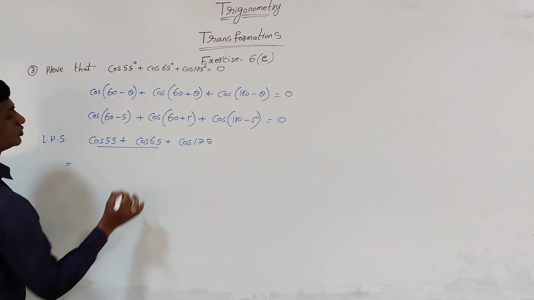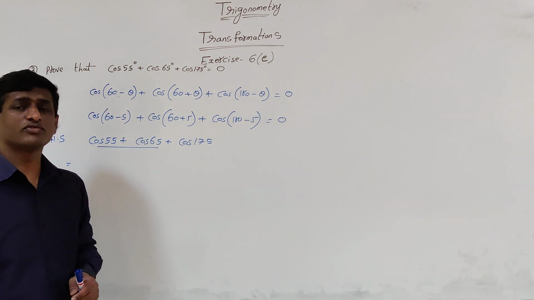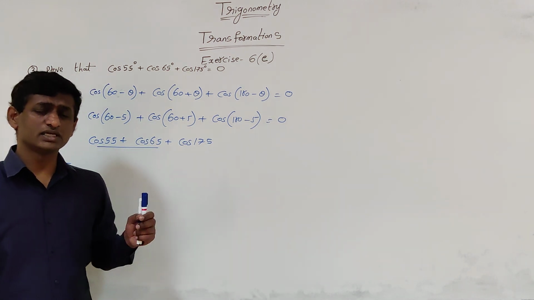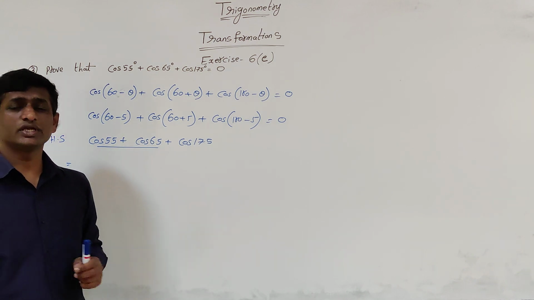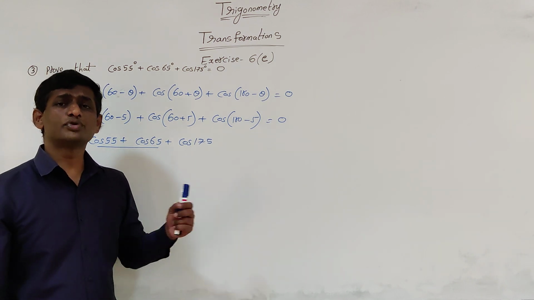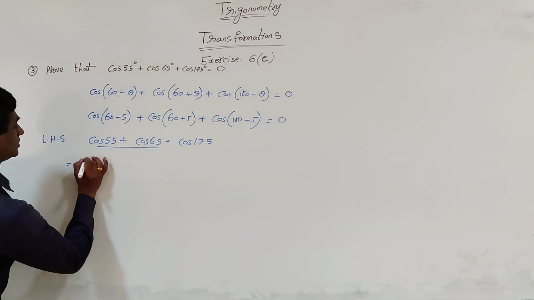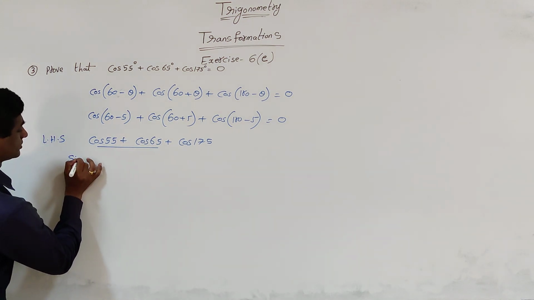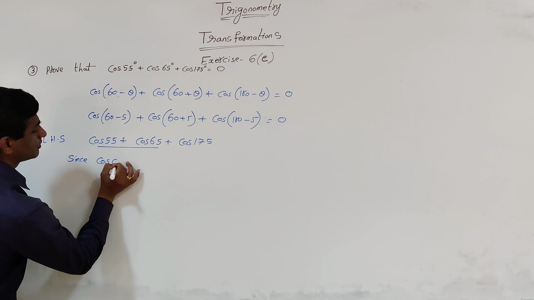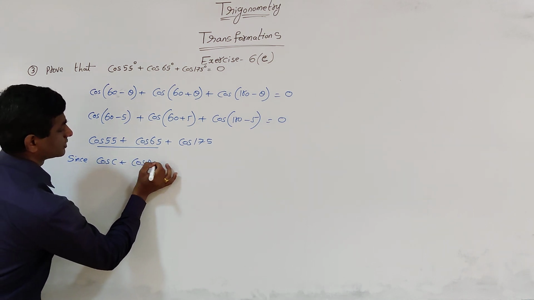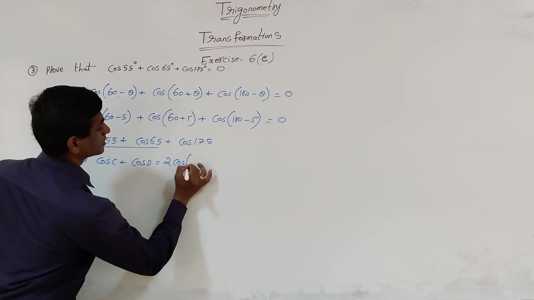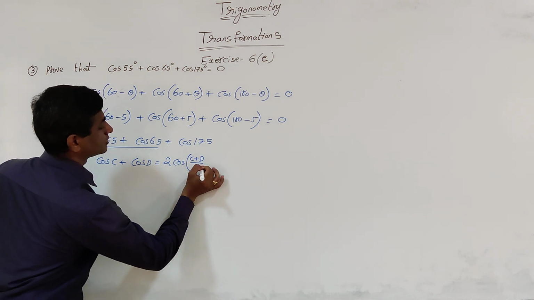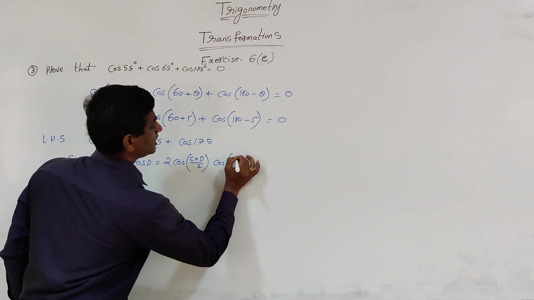Observe the first two. It is in the form of cos C plus cos D, so the sum of trigonometric ratios will be transformed to a product. In what way? cos C plus cos D can be written as 2 cos of (C plus D) by 2 into cos of (C minus D) by 2.